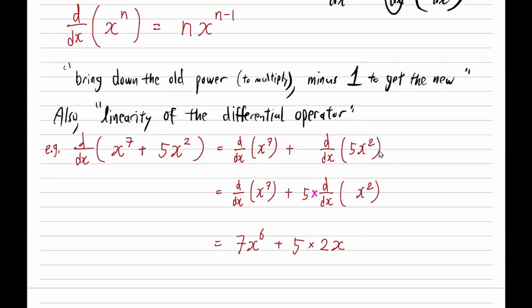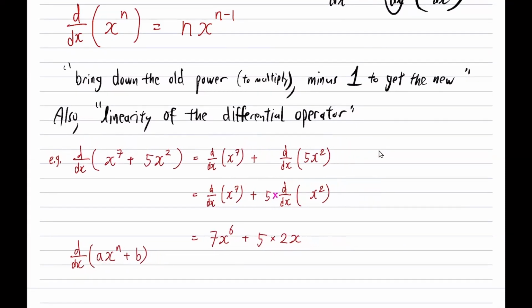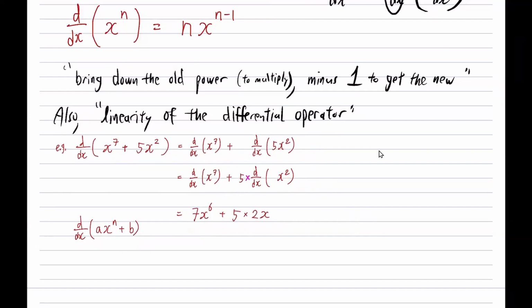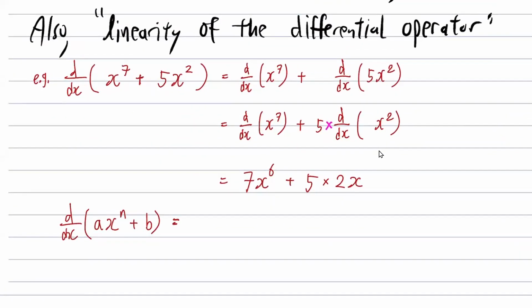Another example, one more, last one. Let's say we have ax to the power n plus b, where n is any number. This will be equal to a times d by dx of x power n plus d by dx of b.